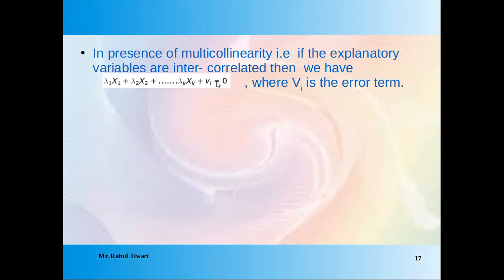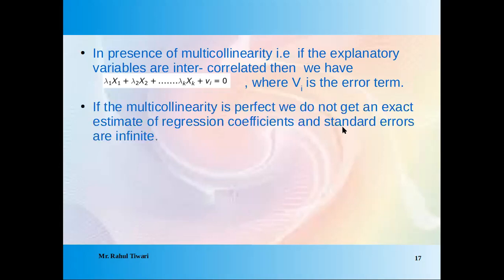But if you include this error term, then multicollinearity exists, where vi is the error term.